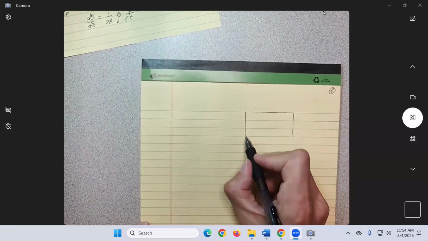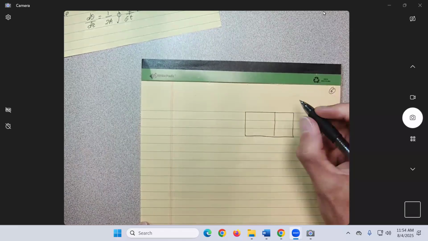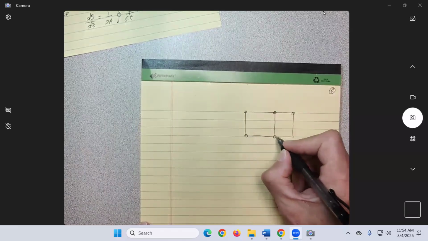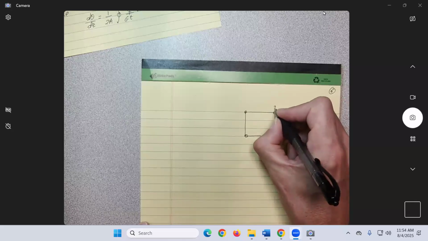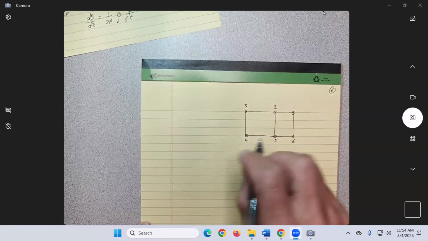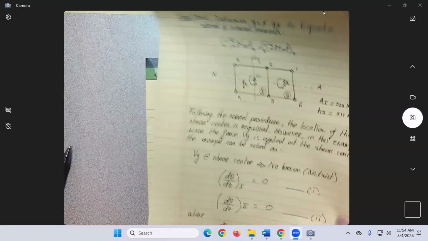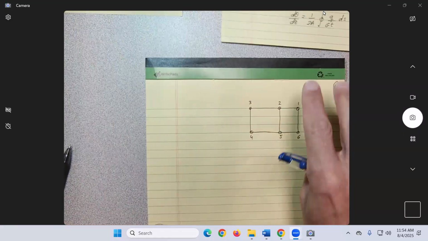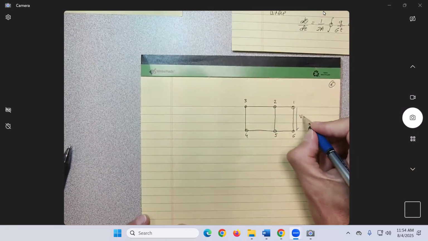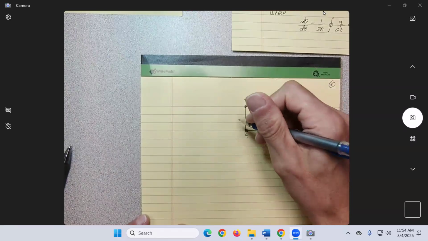Remember, the bigger the better. So let's see, where's my previous page? Here it is. So we have over here the Vy over 1000.